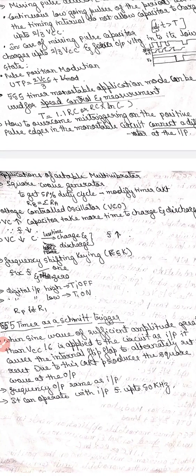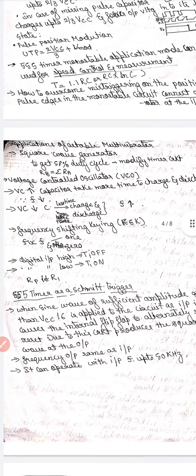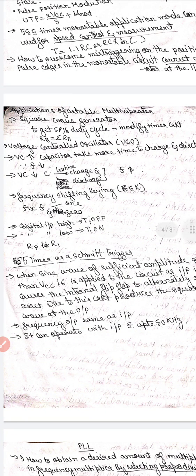Applications of astable multivibrator: square wave generator. To get a 50% duty cycle, a modified timer circuit is used.